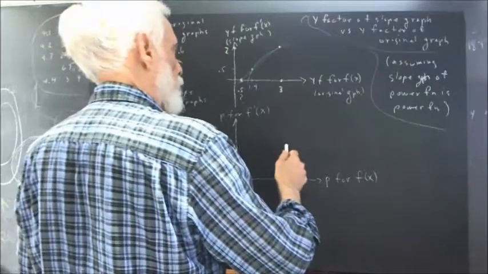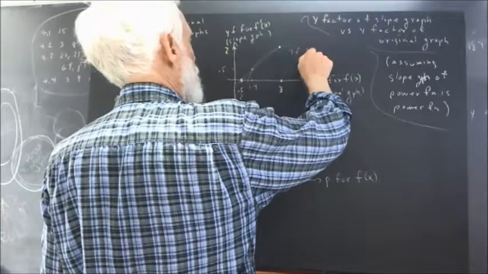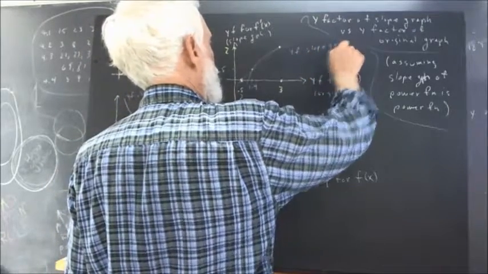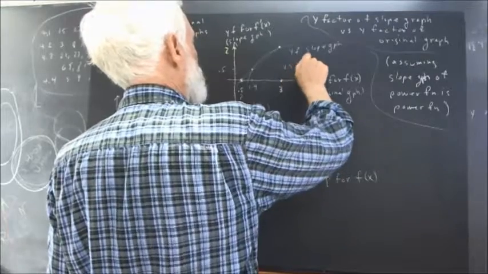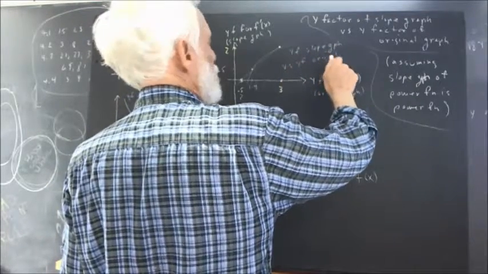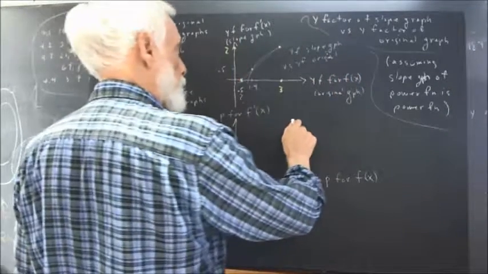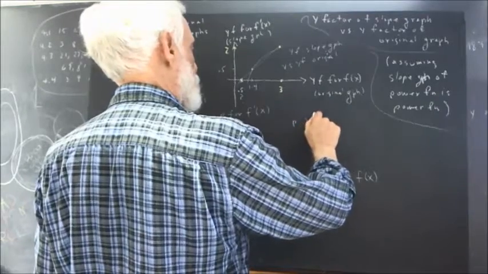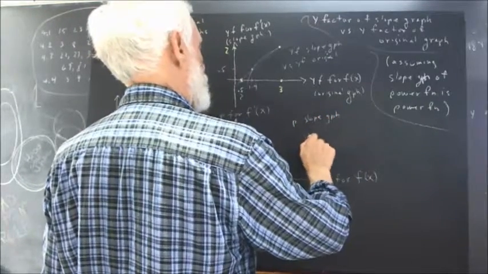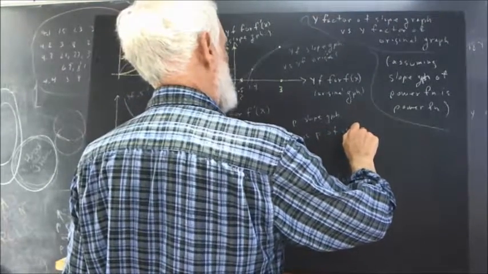So this is the y-factor of the slope graph versus the y-factor of the original. Or here, the power of the slope graph versus the power of the original.